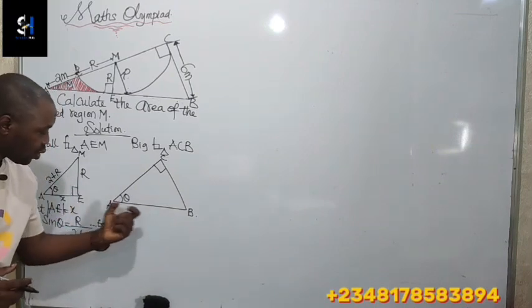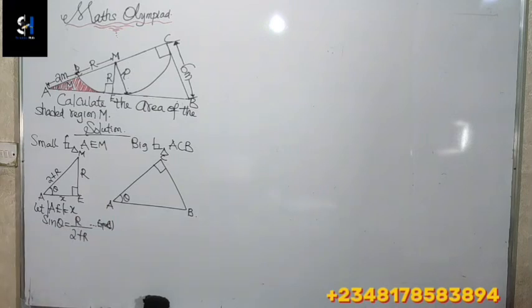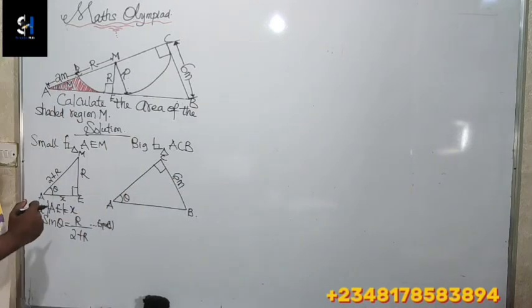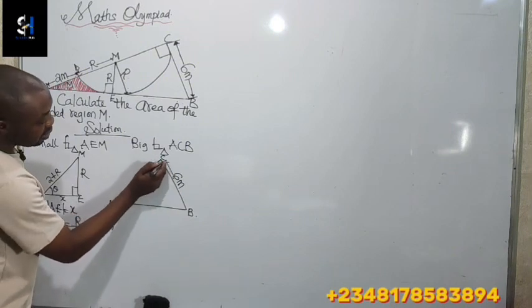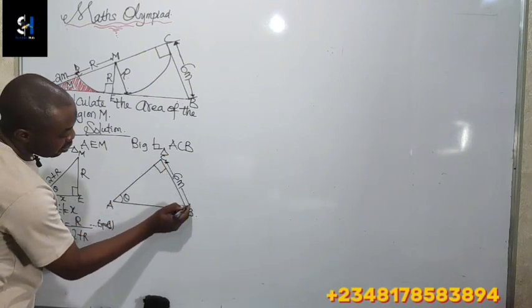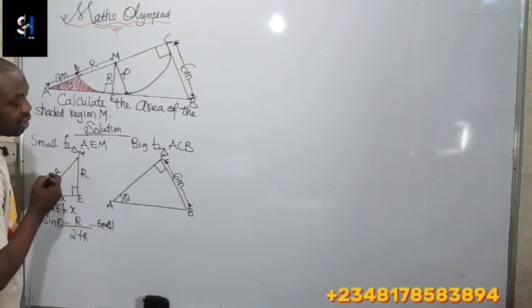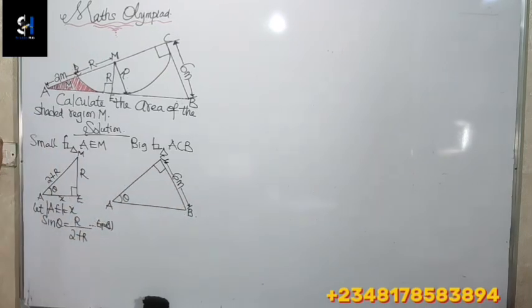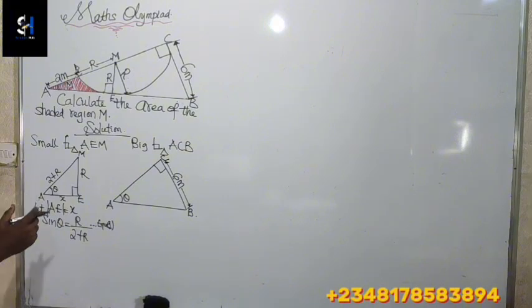Now again, when we look at this other triangle, we have this side to be 6 meters. So from C to B, side BC is 6 meters. Because we know the side BC to be 6 meters, we want to use the same trigonometric identity.